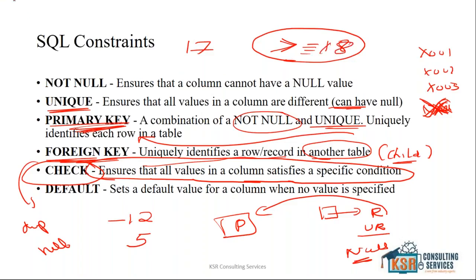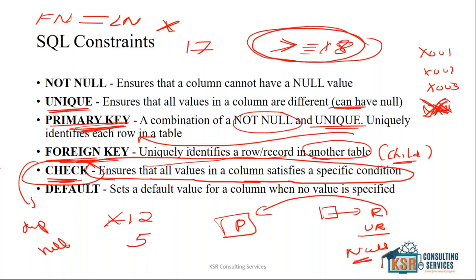And one more thing, my first name cannot be the same as last name. This cannot happen. That also I'll put in a check condition. If I'm putting conditions like age should be greater than 18, it should not be a negative number, something like that, I will go and use a check constraint.